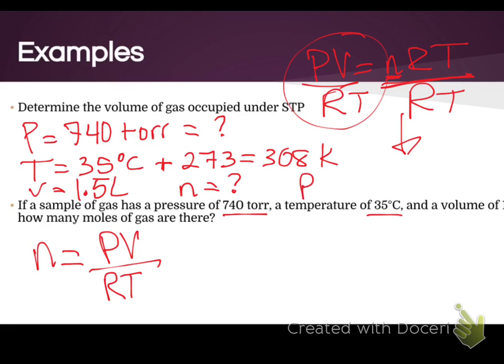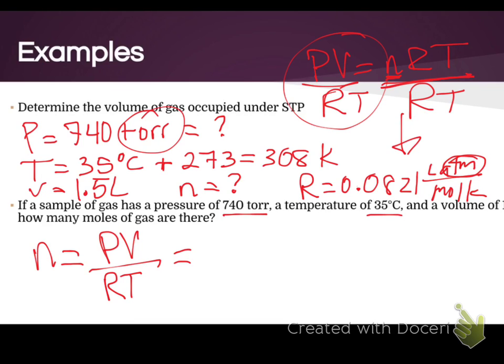Oh, and R again is still the same number, 0.0821 liter atmospheres per mole K. I don't expect you to memorize R. I'll always give that to you. All right, so we just plug it in. Oh, but if R is in atmospheres, then torr has to be in atmospheres too. So it turns out we do have to convert that.